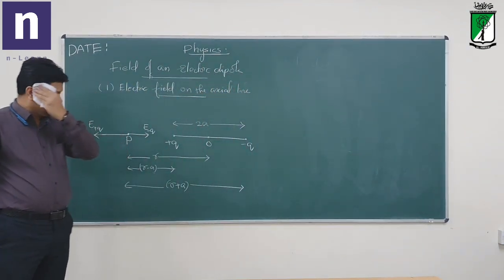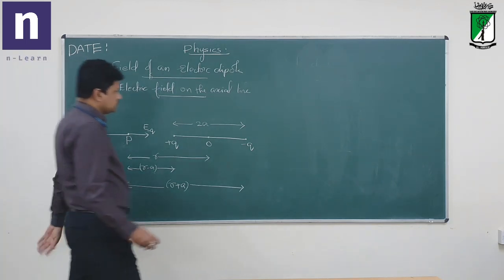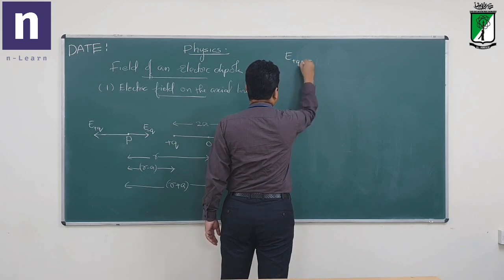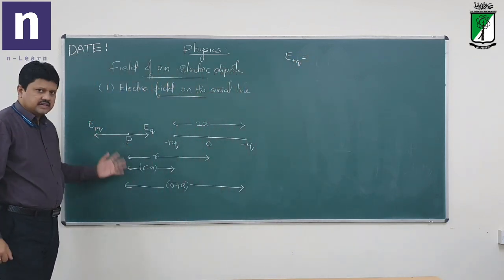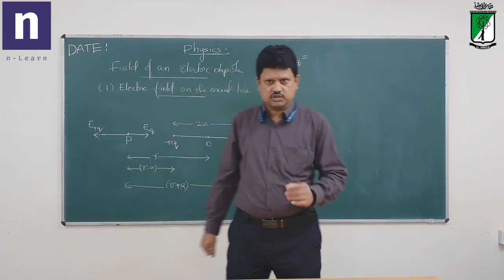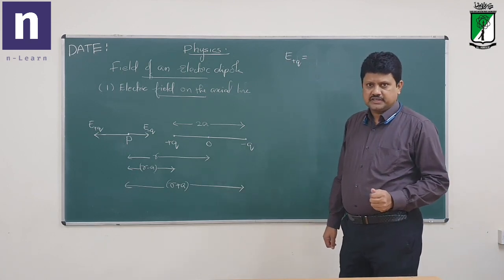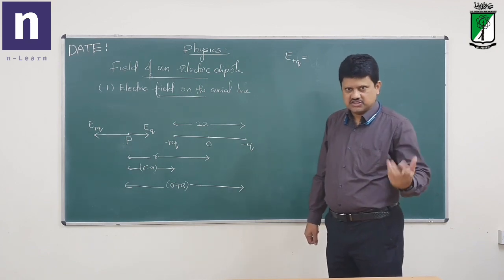So for that, let's say you have E plus Q, the electric field due to the positive charge. What is E plus Q? Electric field by definition, by Coulomb's law, is 1 by 4 pi epsilon naught into Q by r square. That is the general definition.